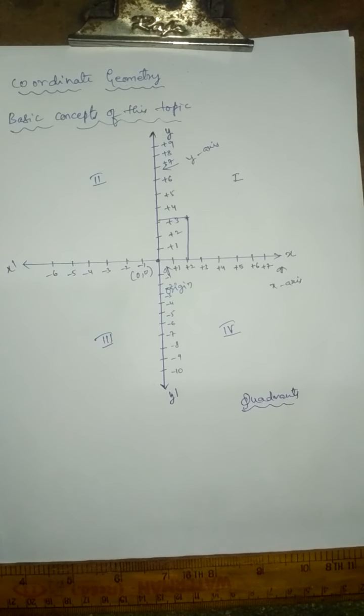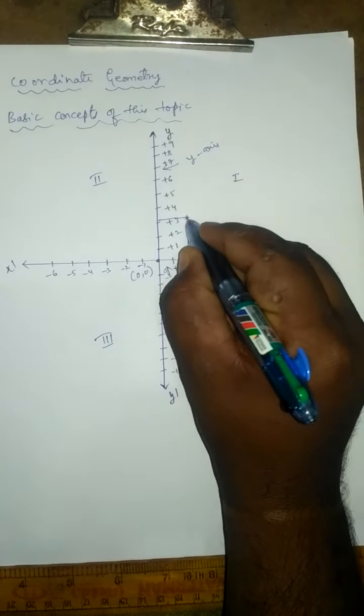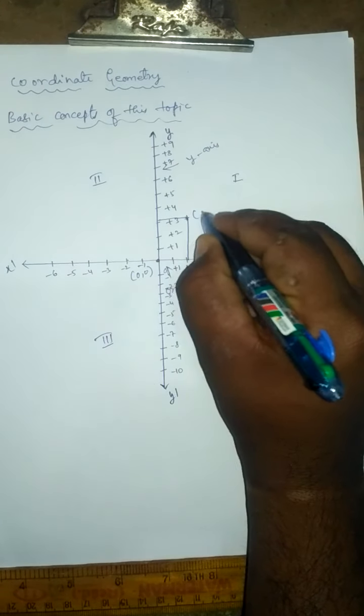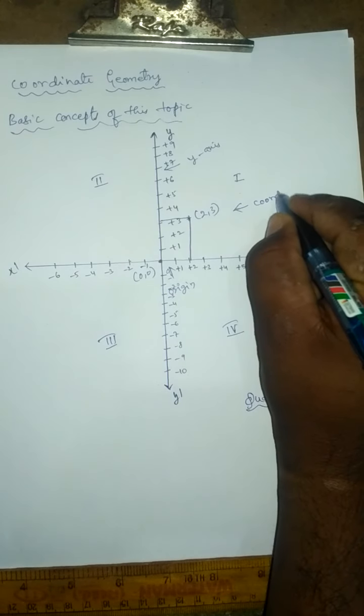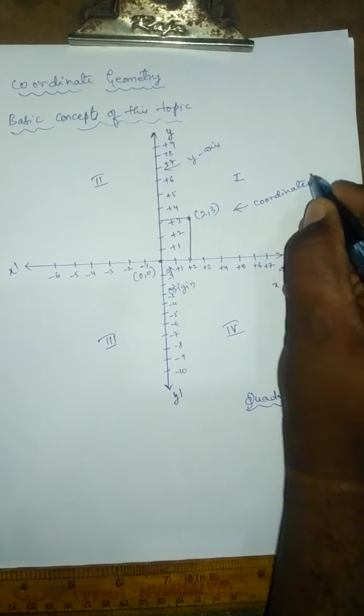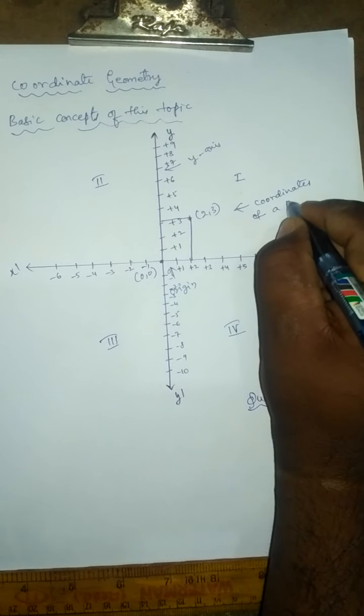With reference to the x-axis and y-axis, we can represent the location of a point. This location we are going to call (2, 3). This is nothing but the coordinates of a point.